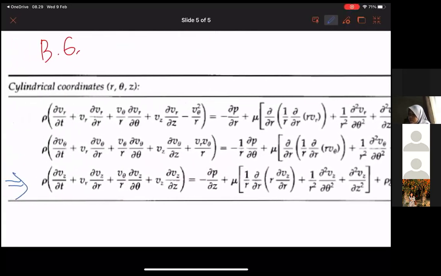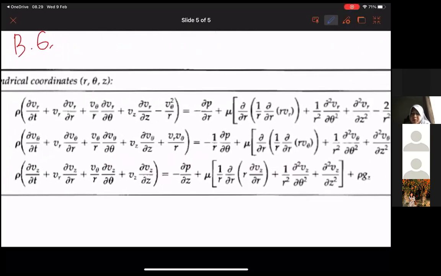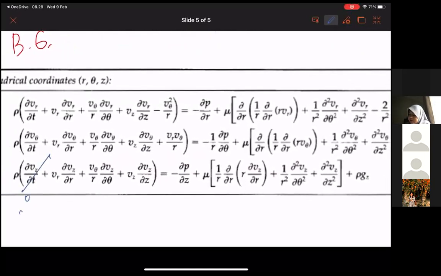There, so that we have dou Vz over dou t. We don't have this one, because it is steady. We don't have Vr. We don't have V theta, and then we don't have dou Vz over dou z from the equation of continuity before, so this is equal to 0 on the left hand side. Okay, dou P over dou z.